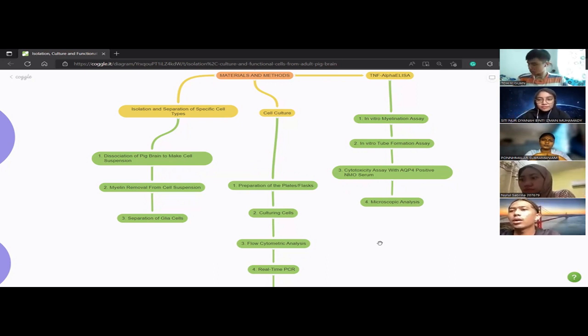Thus, no approval by the Animal Protection Authority or ethics board was necessary. It is followed by myelin removal from cell suspensions and also separation of glia cells. Different cell types were separated by lineage specific labeling with antibodies and magnetic field based separations.